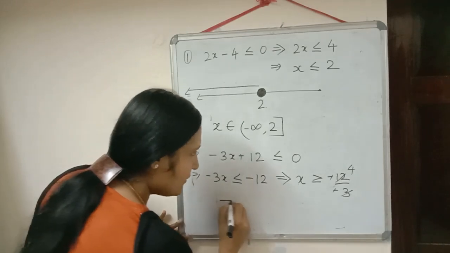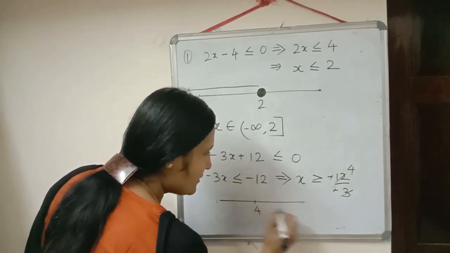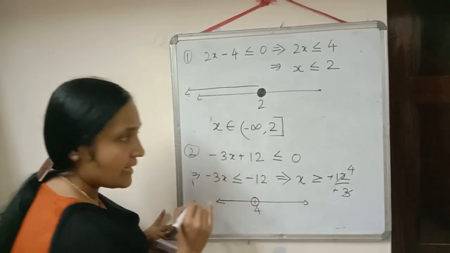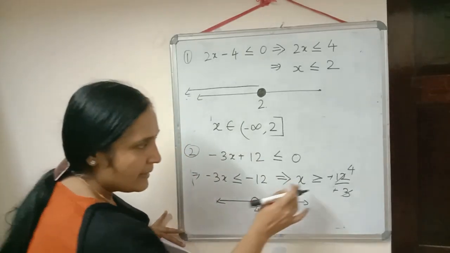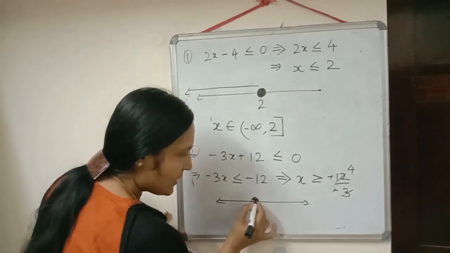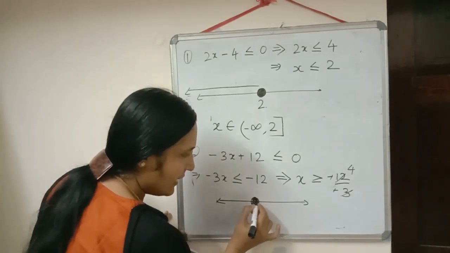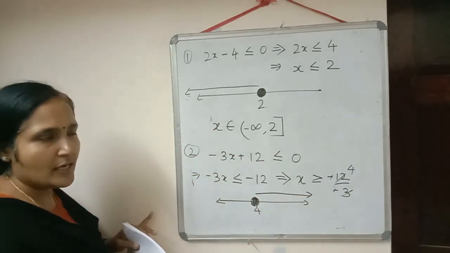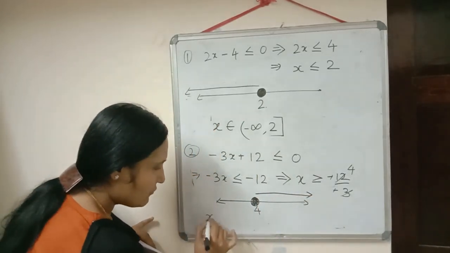So now first we can draw the number line. Here we got the solution 4. Now you can draw the circle here. Whether x will take the value 4? Yes, because here equal to sign is there. So we will darken the circle and then it will take all the values which are greater than or equal to 4. Then what we will write here?